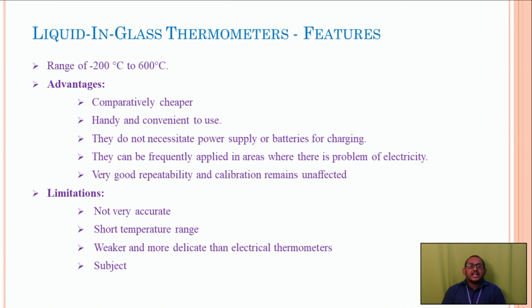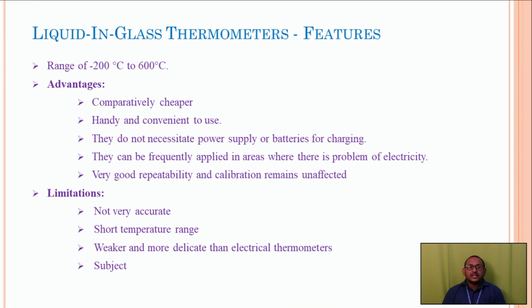Then the liquid in glass thermometer features. The range of temperature measurement of the liquid in glass thermometer is minus 200 degrees Celsius to 600 degrees Celsius. The advantages of this type of thermometer are that it is comparatively cheaper than the others, handier and convenient to use, and it does not necessitate a power supply or batteries for charging.